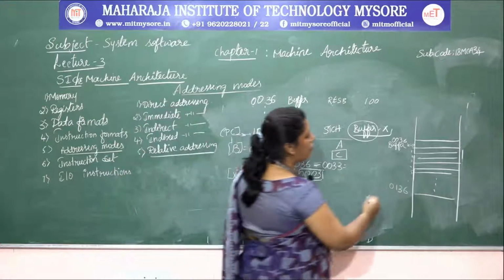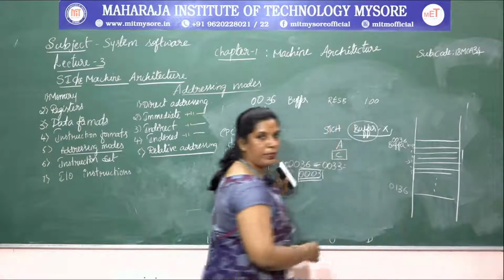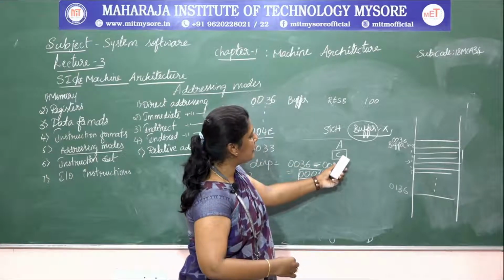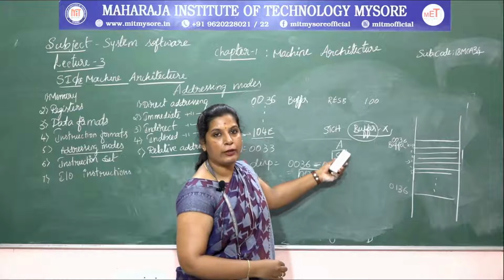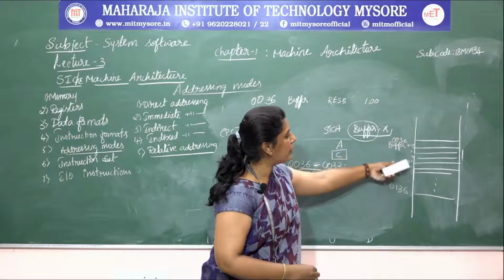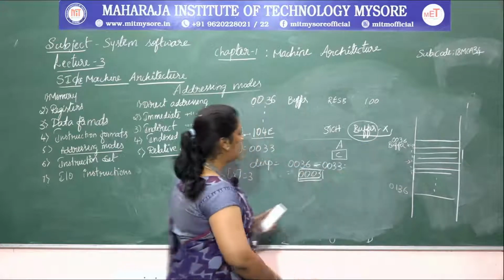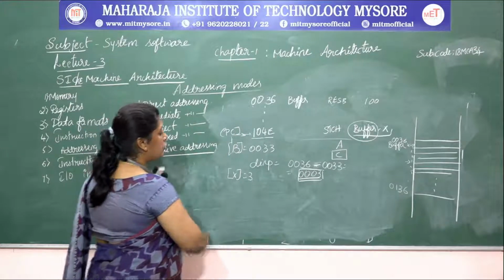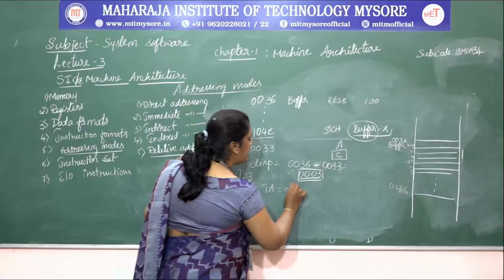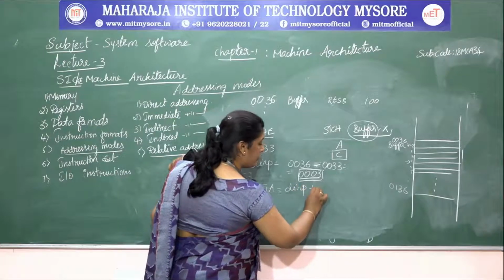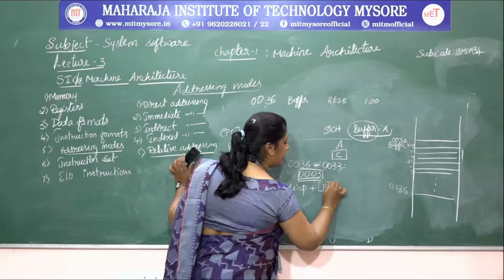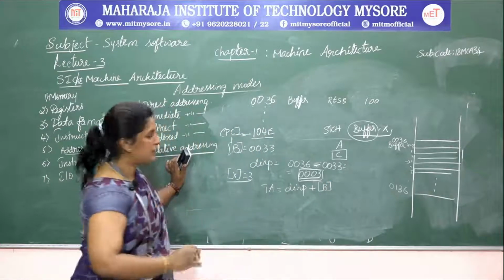So store the character present in the accumulator to the buffer at the index register value, which is 3. To get the target address for such things, we calculate the displacement plus the content of the base register.